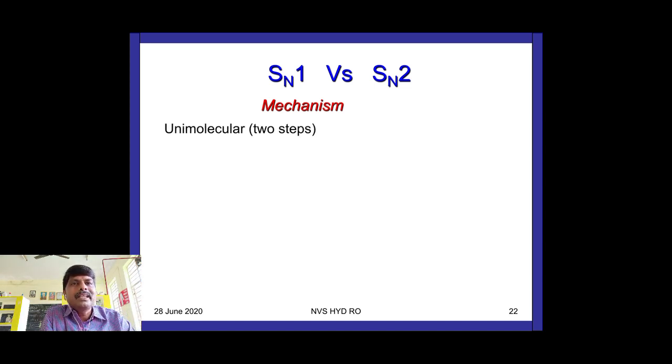We will compare these two. SN1 is unimolecular, SN2 is bimolecular. SN1 occurs in two steps, whereas SN2 occurs in a single step.